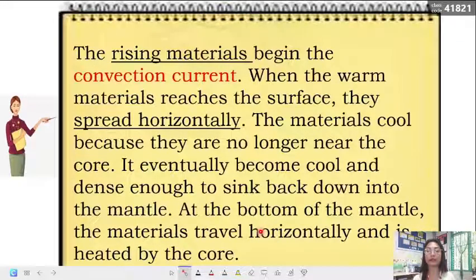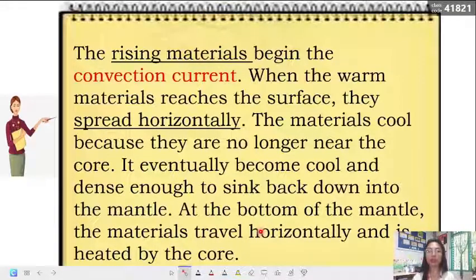That's what I have explained already. The materials cool because they are no longer near the core. So the core is the fire from the stove, right? So it eventually becomes cool and dense enough to sink back down into the mantle. When the bubbles reach the top, they become cold and heavy again, so they sink. So, that's the process.